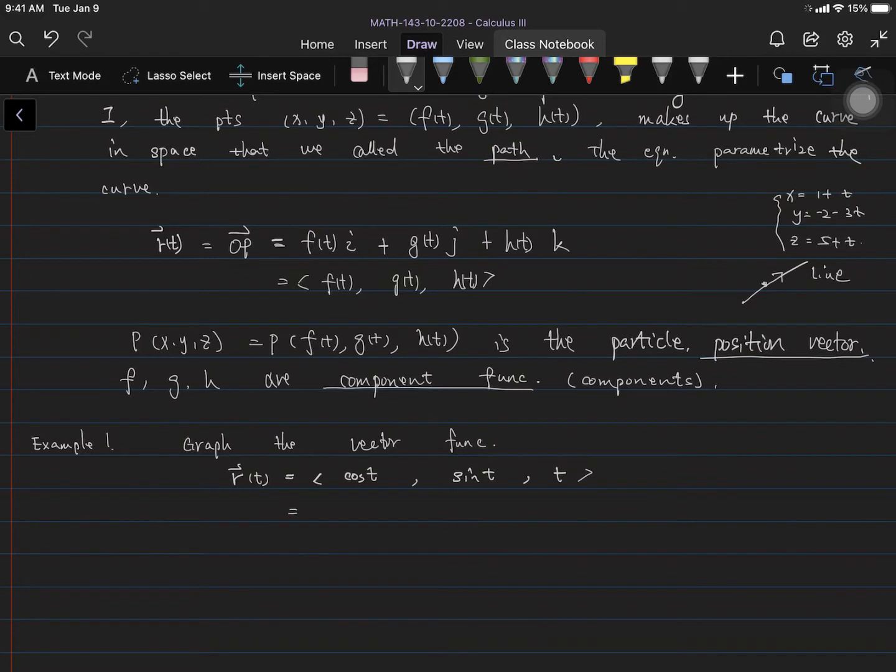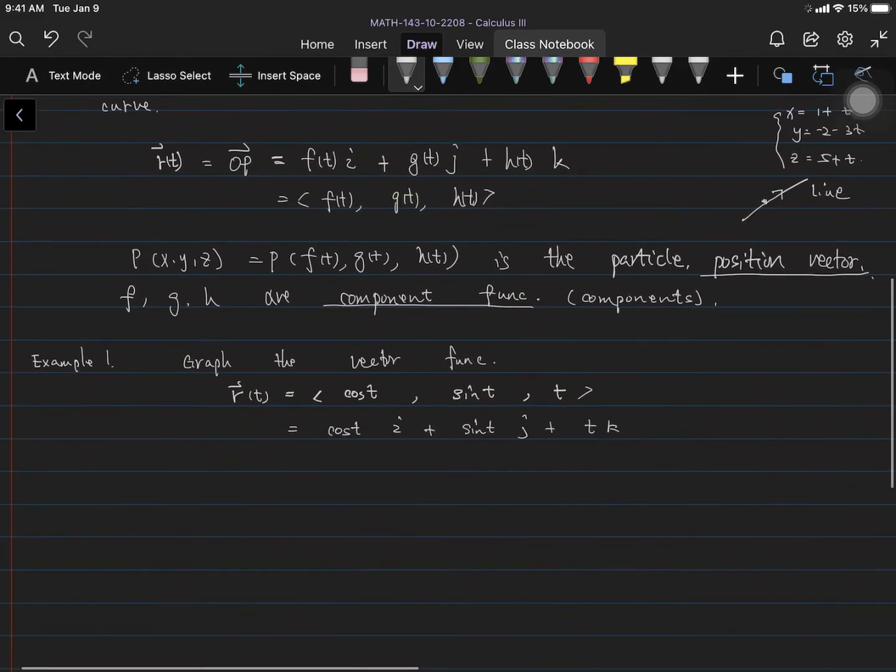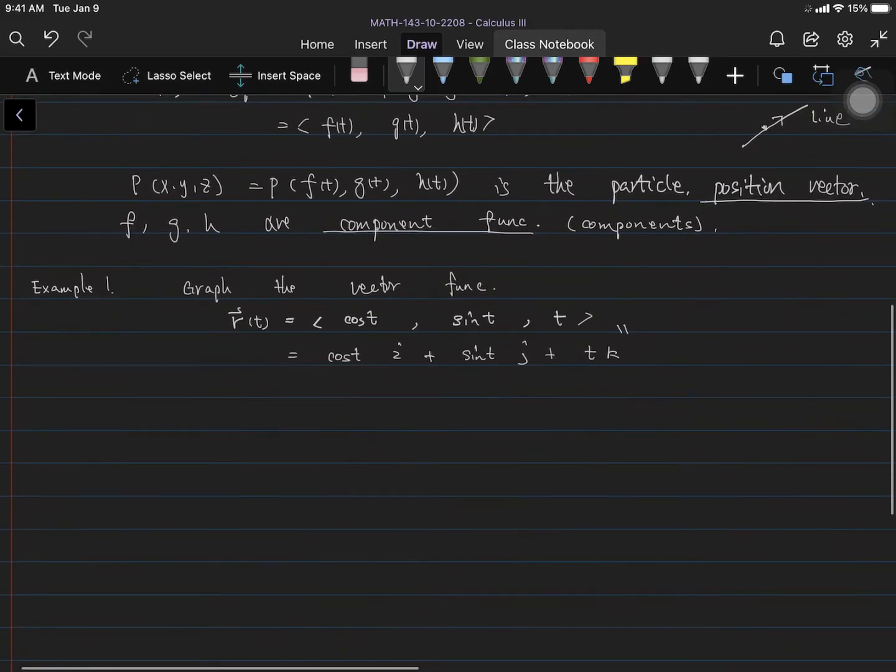All together it is given this way: cos t i, sin t j and t k. So they are the same thing, right? Now let's sketch the graph of this one. So what's the meaning of that one? Firstly, let's take a look. That means x is cosine t, and y equals what?